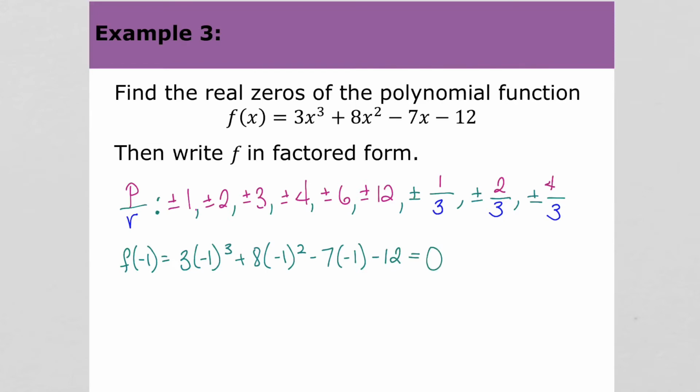That gives us 0. That's good. That means that we've already found one. That means that x equals -1 is a 0 of f of x, and so x plus 1 is a factor of f of x.